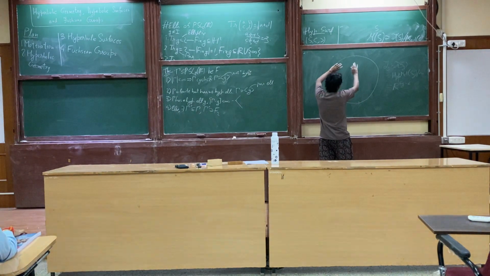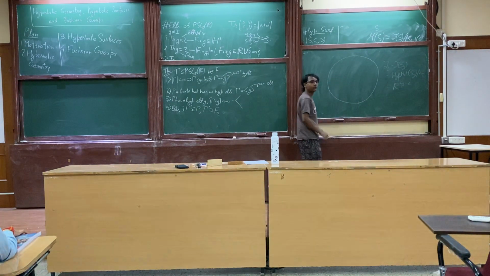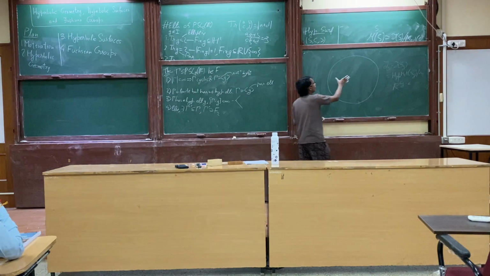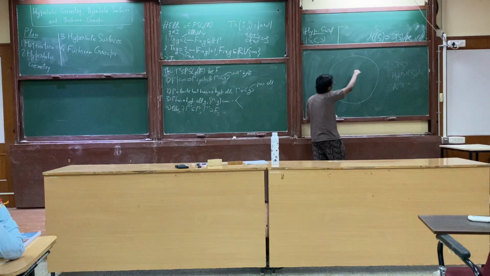There are 6g minus 6 degrees of freedom of real parameters in placing a 4g-gon in the unit disk. You basically count the edge lengths and the angles, because the angles sum to 2 pi.